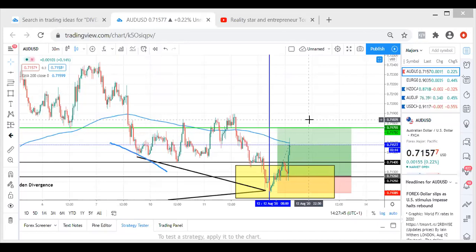That's the primary thing. Then you spot divergence, not regular, hidden divergence. And when you spot hidden divergence, you go down 2 time frames.